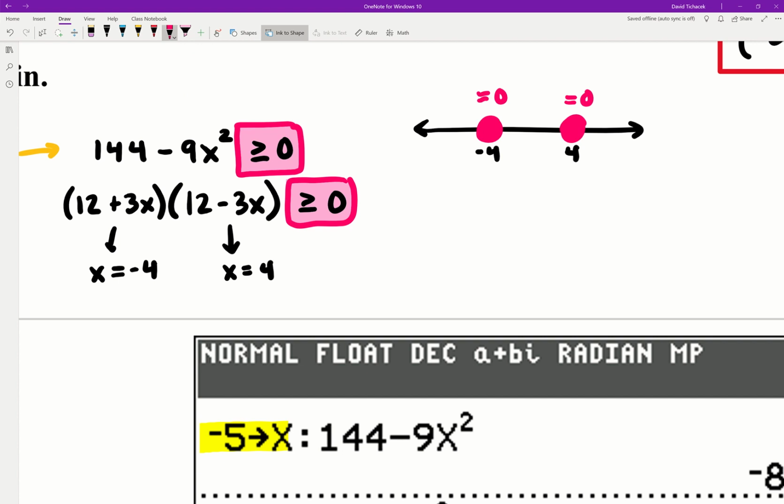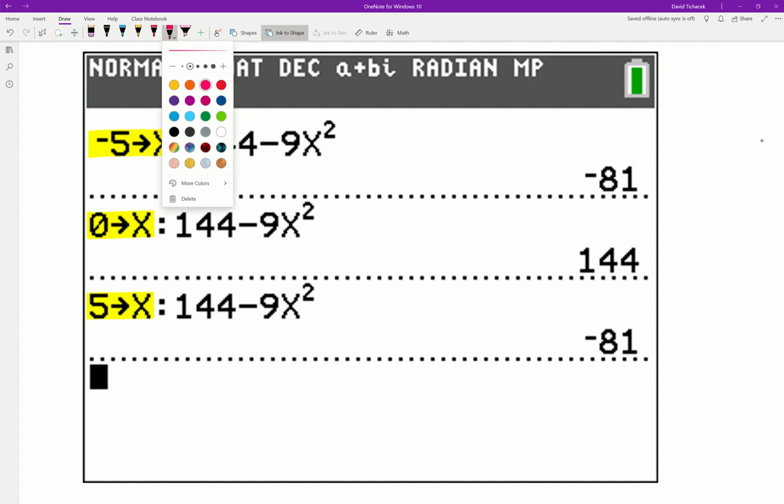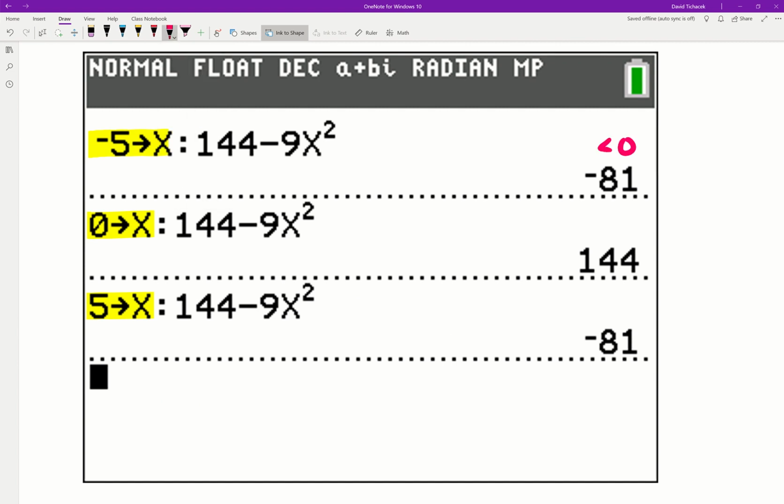And then we just want to pick a candidate from each one of these regions and test it. So again, make your life simple. How about negative 5, and then 0, and then positive 5, which you know me, I already have this ready to go here. If we test those values, it looks like I'm going to get some values that are less than 0 in the case of negative 5. We want to be greater than 0, so we're not going to do that one.